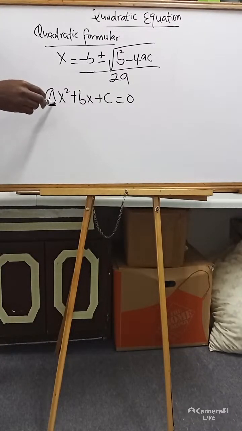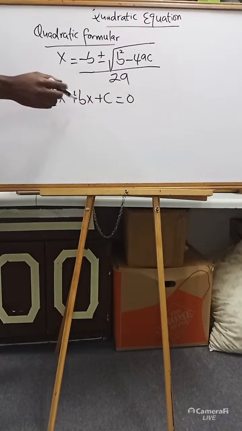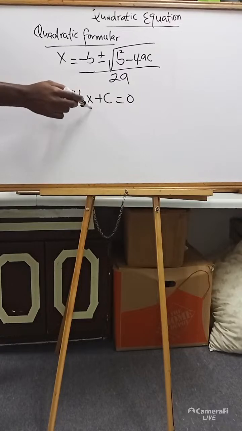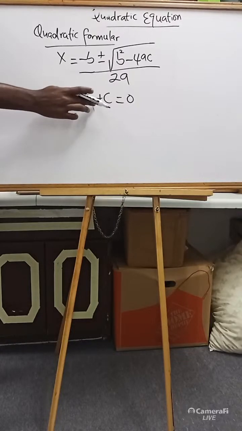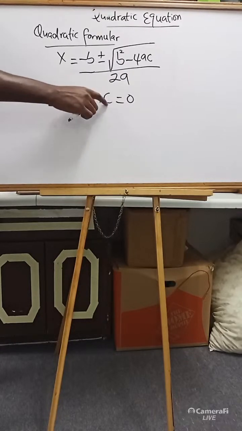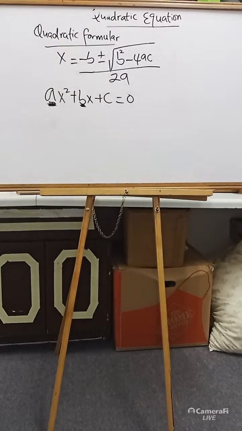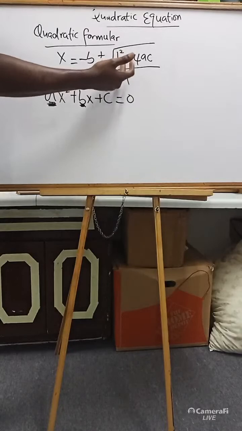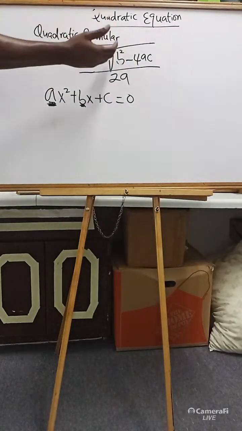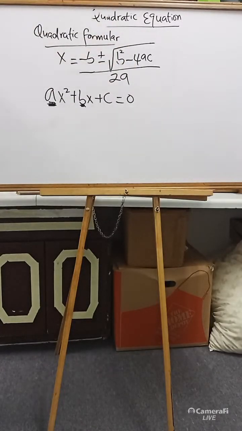That is, a is any number you see with x squared, okay? b is the number you see with x, which is the coefficient of x, while c is the number that stands alone without having any x. So for you to compute with the quadratic formula, we are only making use of these coefficients. So this is easy and straightforward, and you can solve any question on quadratic equation using this formula.